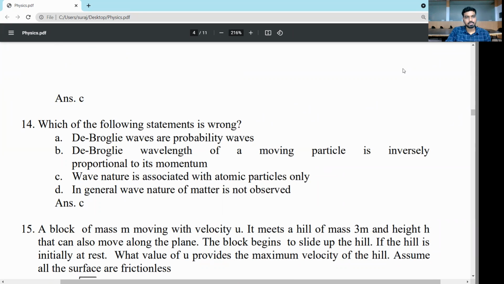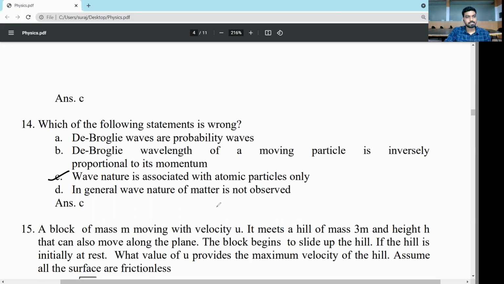De Broglie waves are probability waves. De Broglie wavelength of a moving particle is inversely proportional to momentum. Wave nature is associated with atomic particles only. No, not like that. This is wrong. Wave nature is not only associated with atomic particles but bigger ones also, but the wavelength will decrease.